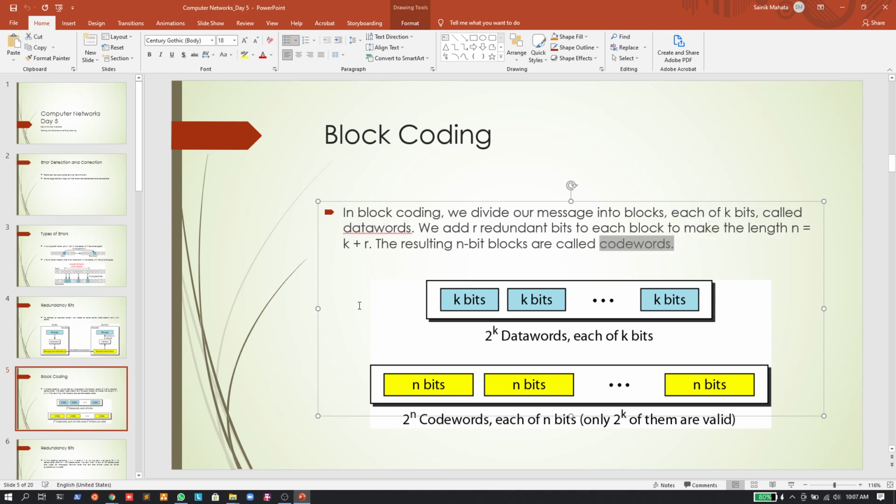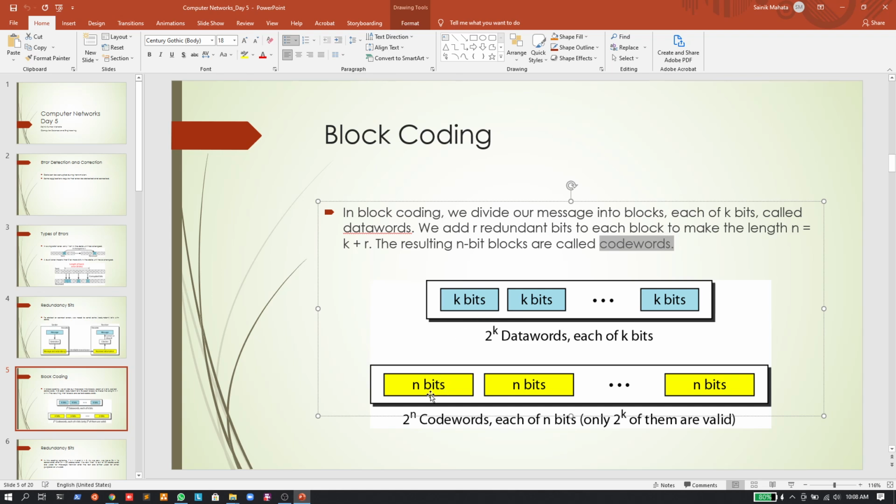So if we divide a message into blocks of k bits each, these blocks are known as data words, and if we add some redundant bits that enable us to detect and correct errors, these data words are now called code words.